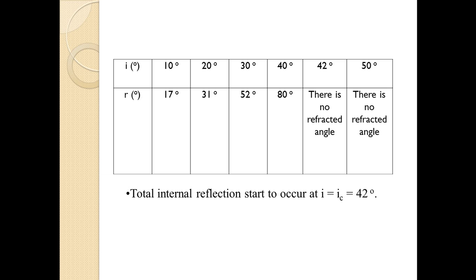In my experiment, the total internal reflection starts to occur at i equal to ic, equal to 42 degrees. You can see that from i equal to 42 degrees, there is no refracted angle.